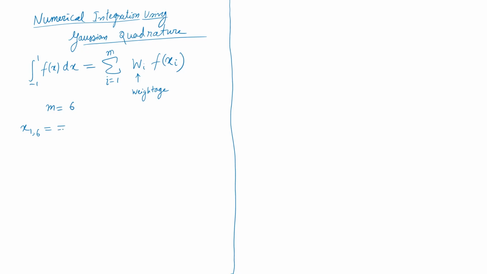So, what are these points where I do these evaluations? x1 will correspond to a minus value and x6 will correspond to a plus value, hence minus plus, and you will have to type down all these decimal places in your code for accuracy.